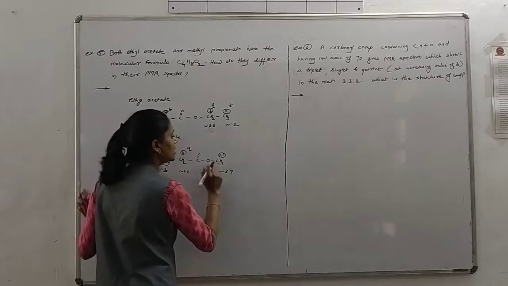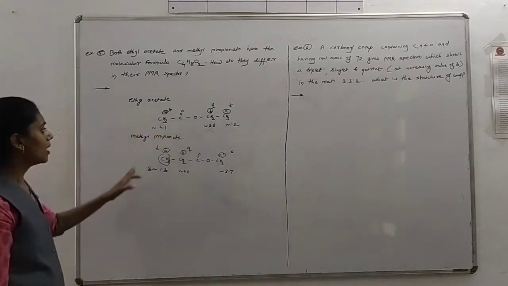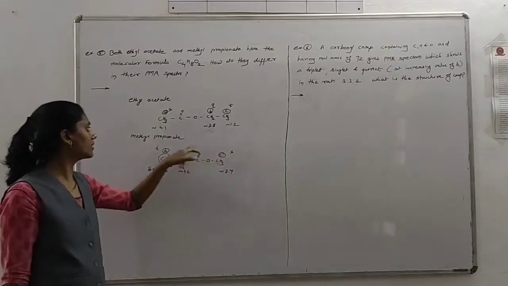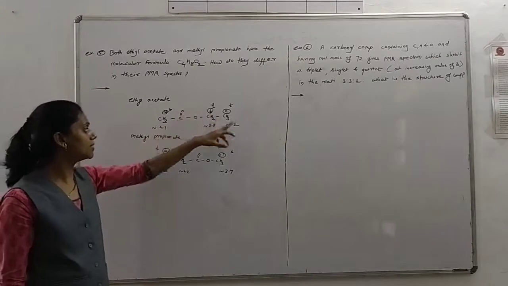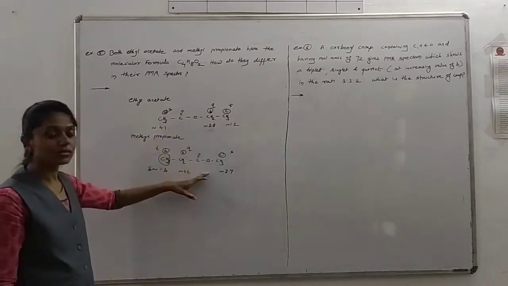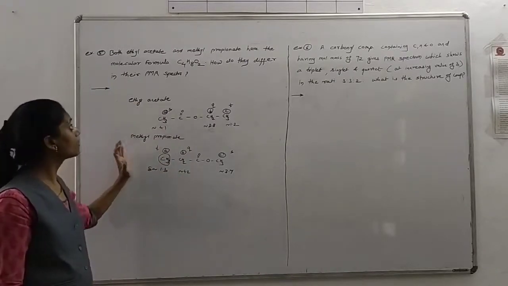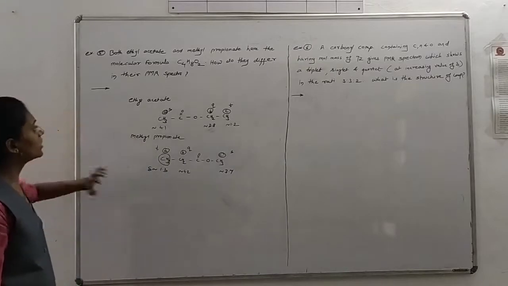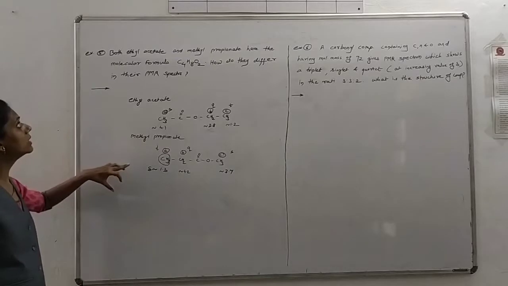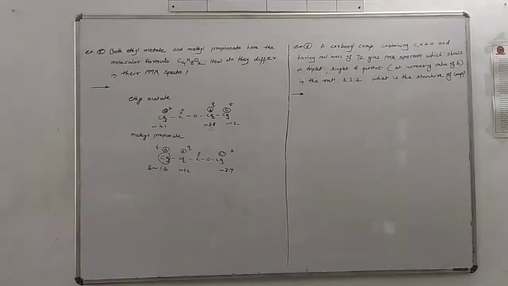And this C gives the singlet here. In both we get the singlet, quartet, triplet, but the position of these signals is different in each case. From this we can explain the difference between ethyl acetate and methyl propionate.